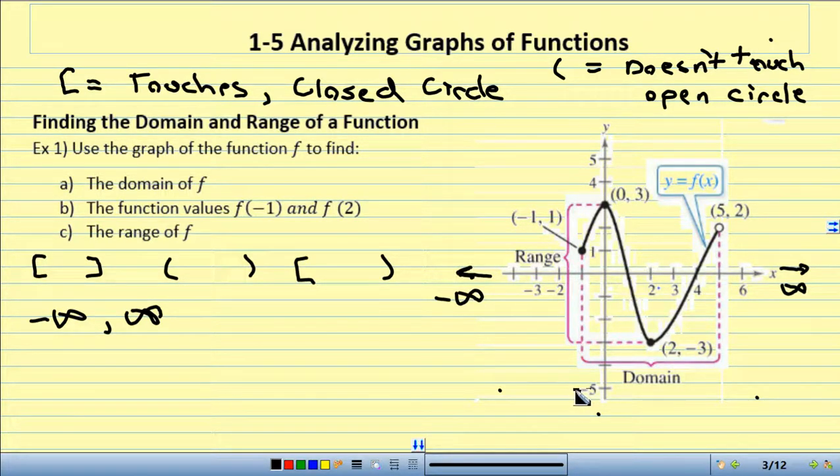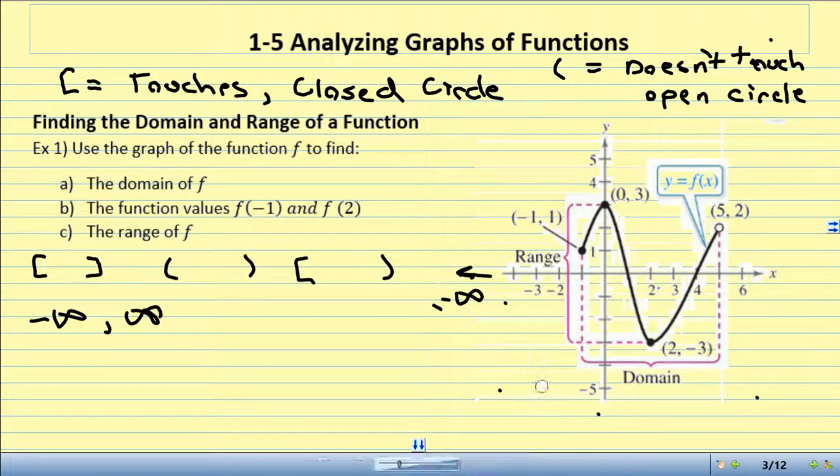Somebody can always go one more. So you'll never reach negative infinity. So when we represent negative infinity, we represent it with a parentheses. And that means it's never going to touch negative infinity. You can't touch infinity or negative infinity. So both of these get represented by parentheses if we use interval notation.